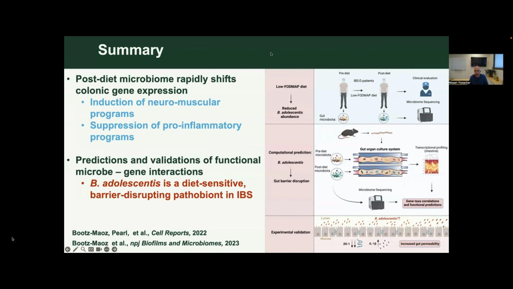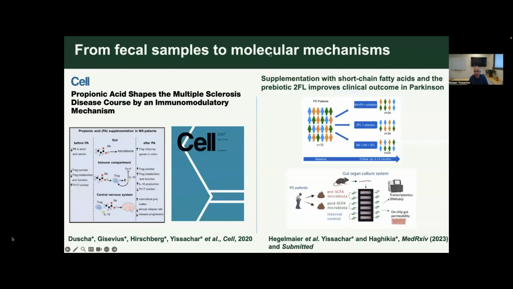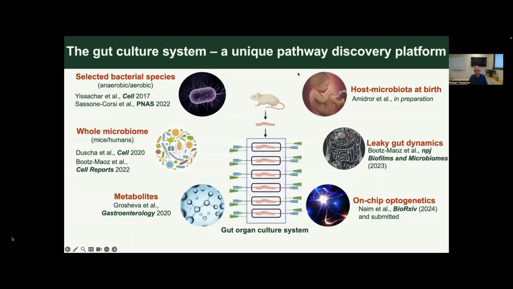And just before I finish, I want to mention that this approach works very well in other conditions, not restricted only to the gut, but also in multiple sclerosis, for example, or in Parkinson's disease. We can take the same approach and identify new mechanisms that underlie host-microbiome interactions. And last but not least, we continue to investigate host-microbiome interactions using the system.